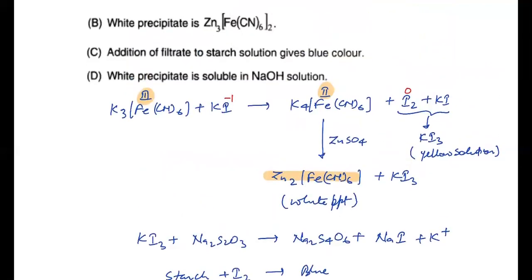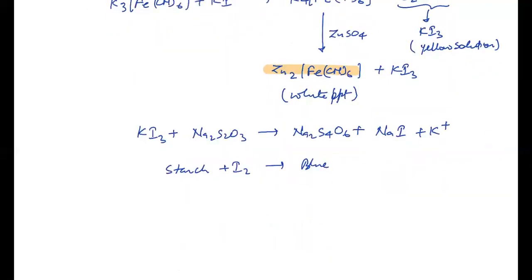White precipitate is soluble in NaOH solution. That is also correct, because Zn2+ is soluble in NaOH and will form sodium zincate. So the white precipitate formed is Zn2[Fe(CN)6].